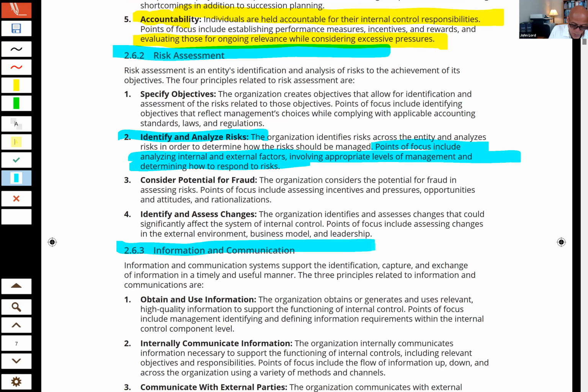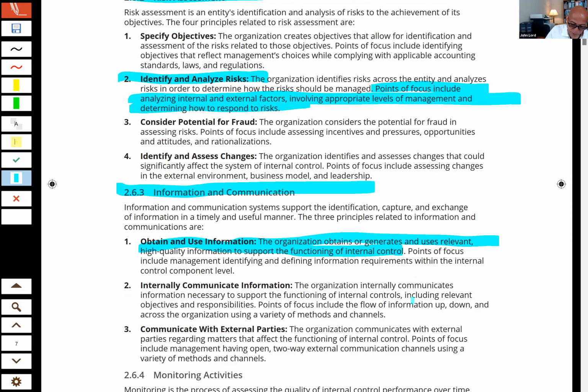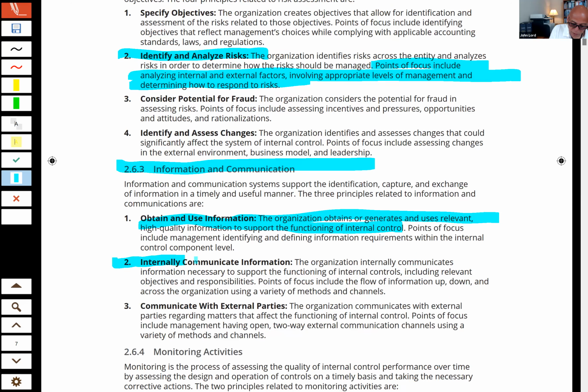Okay, and so we want to communicate. We want to be able to obtain or generate and use relevant, high quality information for the functioning of internal control. But also we want internal communication and external communication.